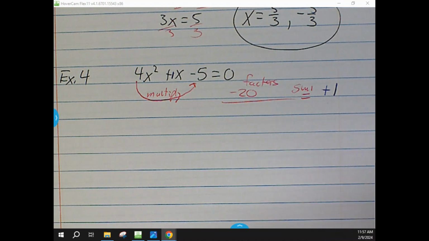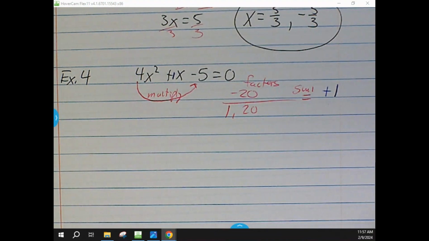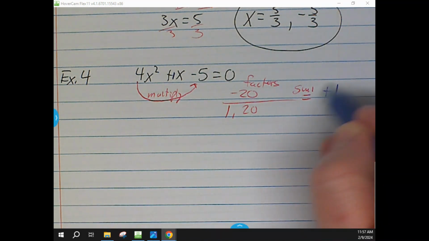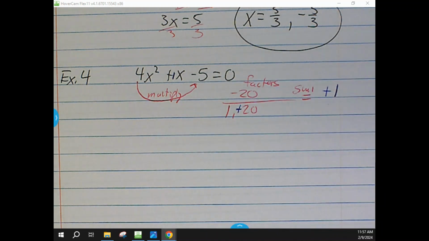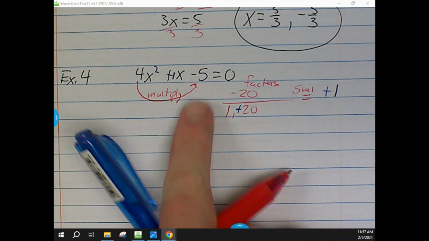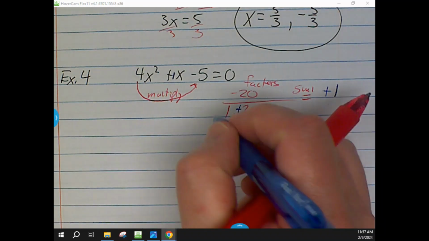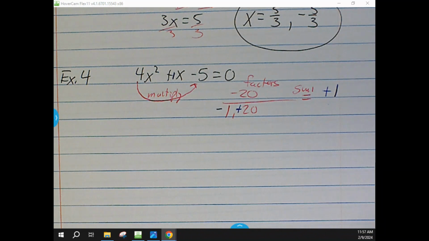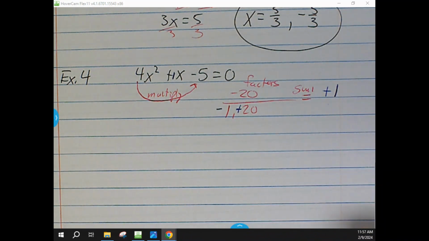Okay, so then just start with the list. We've got 1 and 20. Again, we know it's not going to be 1 and 20, but the main thing on this one is that this B term is positive, so the bigger number has got to be positive. If you combine a negative 20 and a positive 20 that will give you a negative 1, so the bigger number will be positive, and the smaller number is going to be negative.